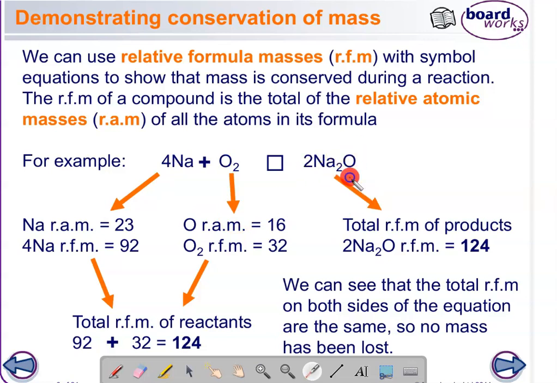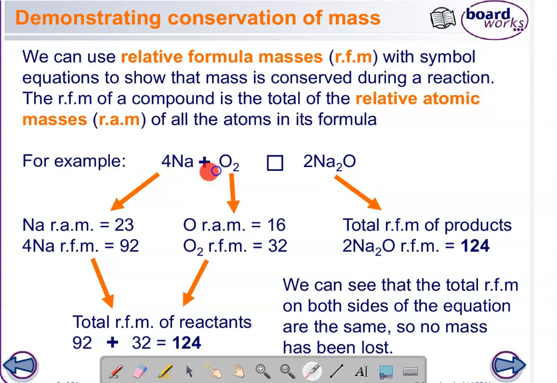If they are the same, then mass is conserved. So if you get any question where you are asked to prove that mass has been conserved, calculate the relative formula mass of the reactants and compare it to the relative formula mass of the product. If they are the same, then mass has been conserved.